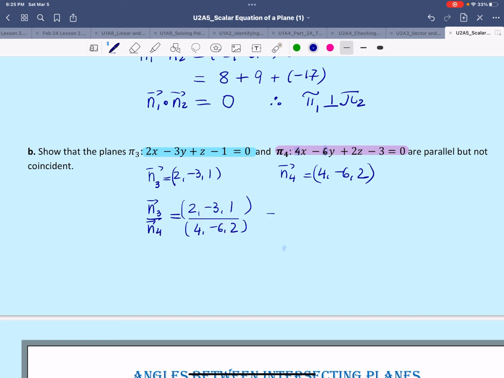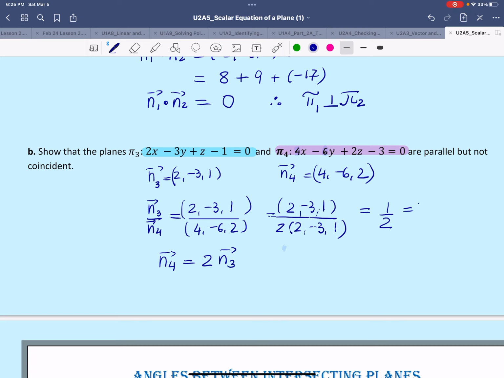So we have 2, -3, and 1 for n3, and for n4, we have double of 2, -3, and 1, which tells us that we have a ratio of 1/2. So that means that vector n4 equals 2 times vector n3, right?